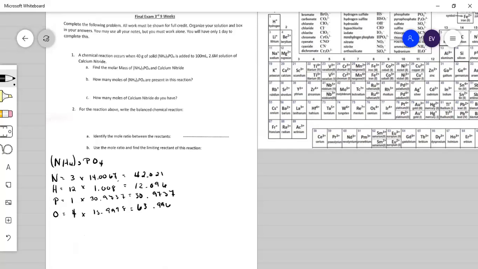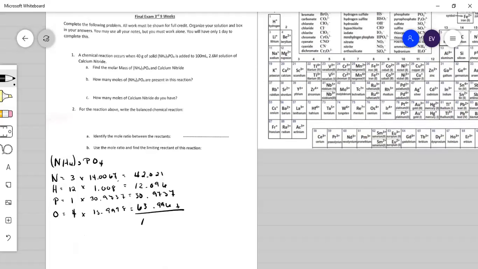Once I figured all this information out, then all I have to do is add everything up, right? So if I add everything up, I should get a total. So I'm going to add the 30.97 plus the 12.096 plus the 42.021 plus the 63.996.